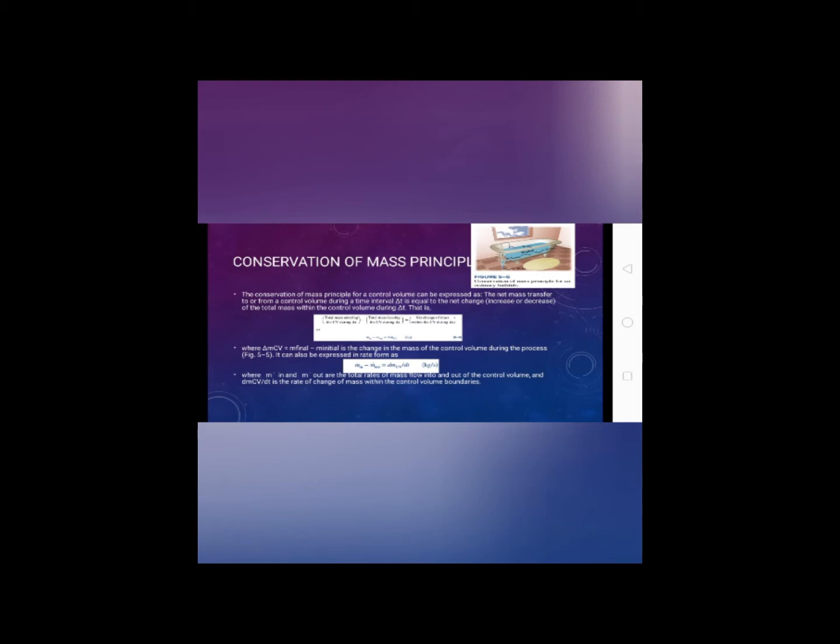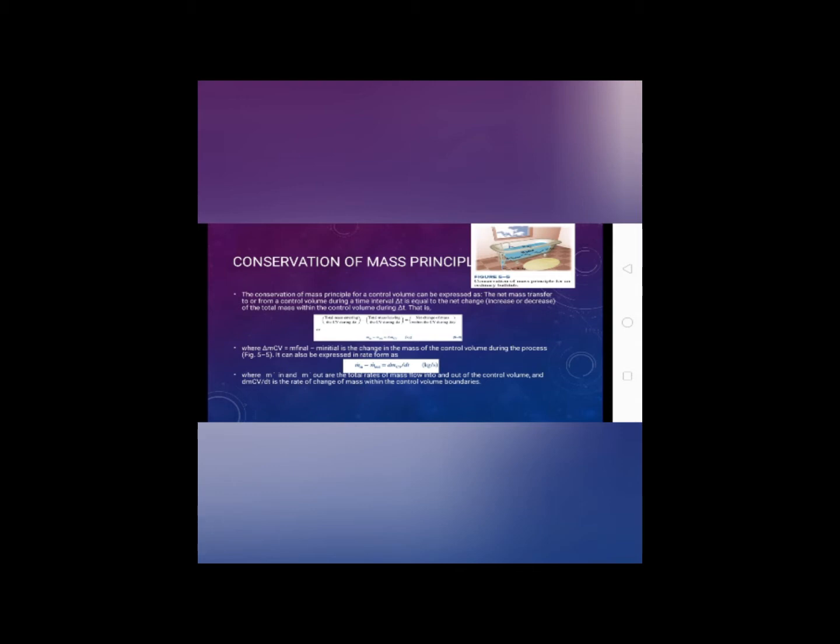That is, total mass entering the CV during delta t minus total mass leaving the CV during delta t equals net change of mass within the CV during delta t, or m in minus m out equals delta m CV in kg, where delta m CV is m final minus m initial, the change of the mass of the control volume during the process. Figure 5.5.